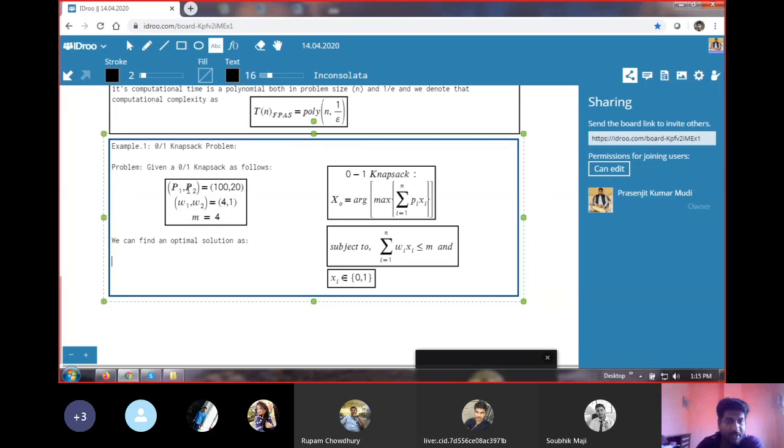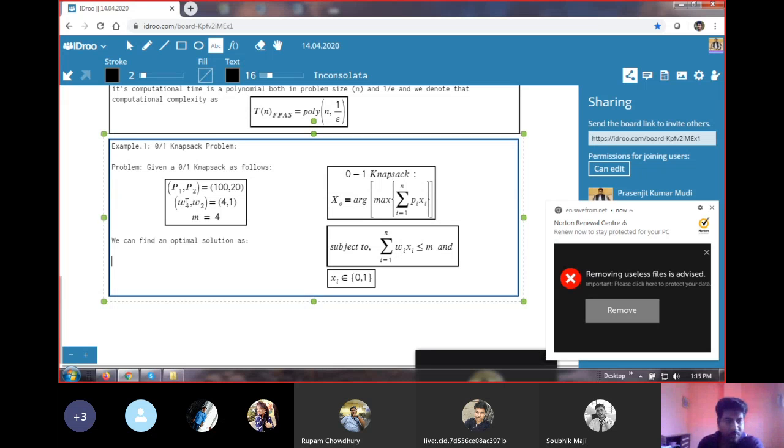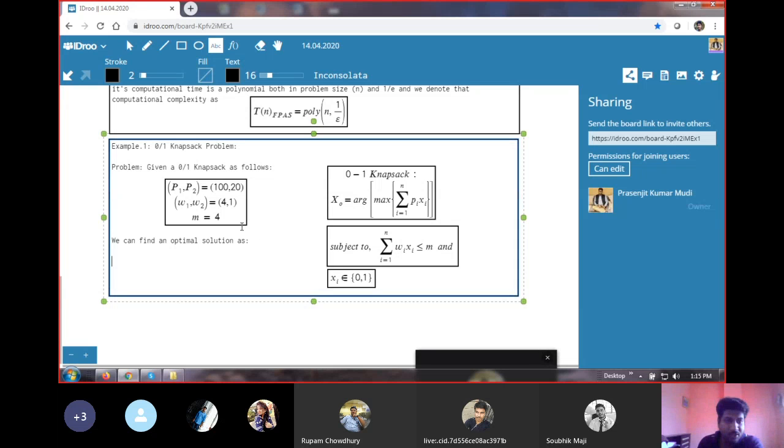P1, P2, 100, 20, right? So we may take x1 equal to 1, x2 equal to 0, or x1 equal to 0, x2 equal to 1. These are the only two possibilities. If I take x1 equal to 1 and x2 equal to 0, then P1 x1 will be equal to 100 and W1 x1 will be equal to 4, and that is satisfying this condition.